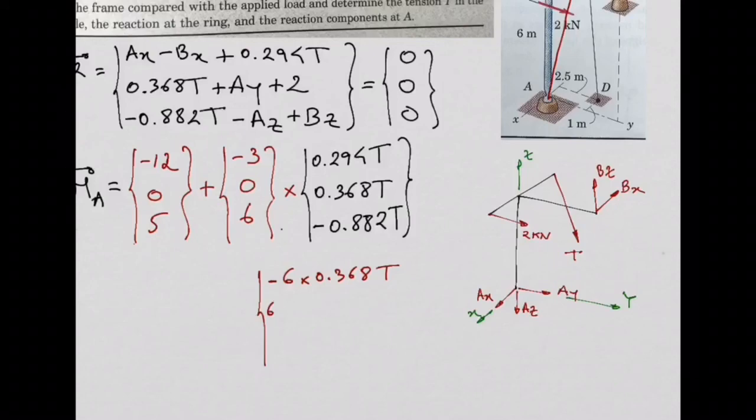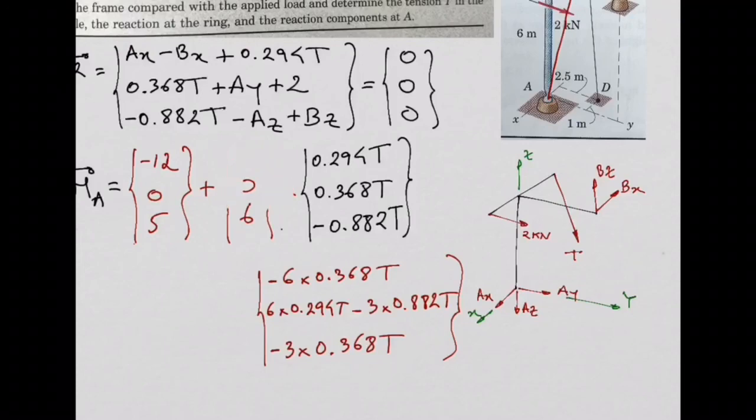Y component is going to be 6 times 0.294T minus 3 times 0.882T. Z component is going to be minus 3 times 0.368T. This is the result of my external product, which I can now replace here.